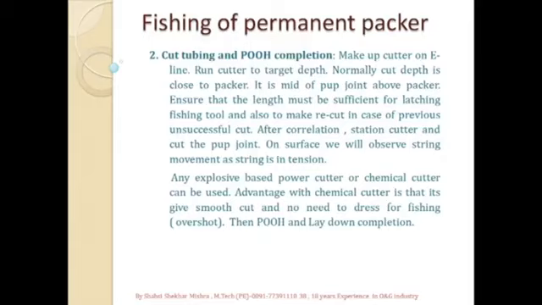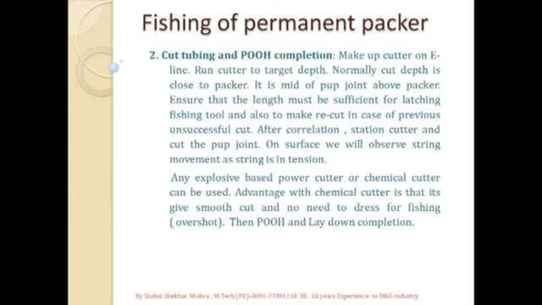So once the correlation is done, the cut will be triggered, and it will cut the tubing or the puff joint, and we will see the movement of the string at the surface, because the string was in a stretch condition, and this confirms the cutting of the puff joint.